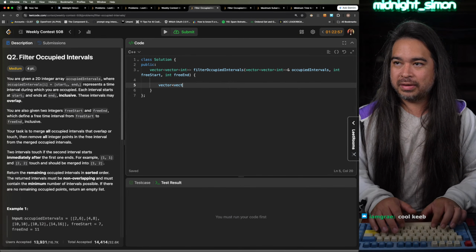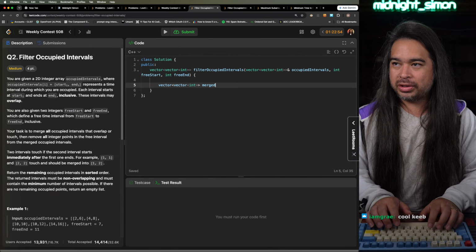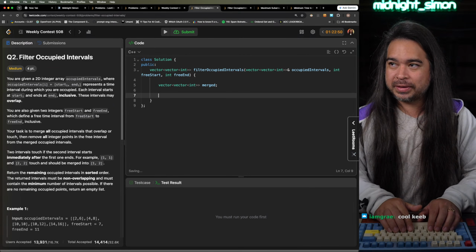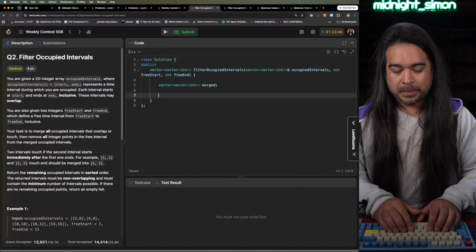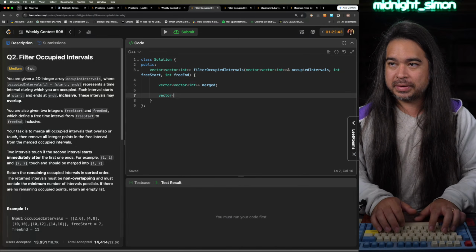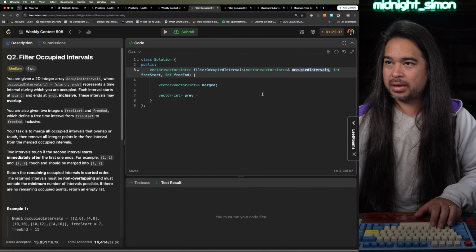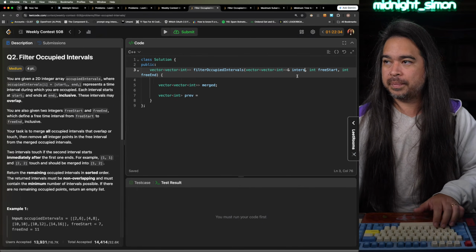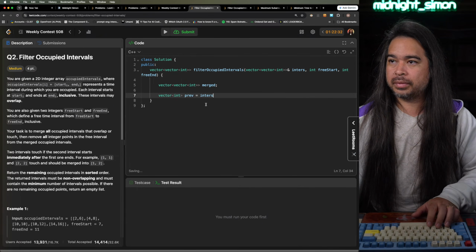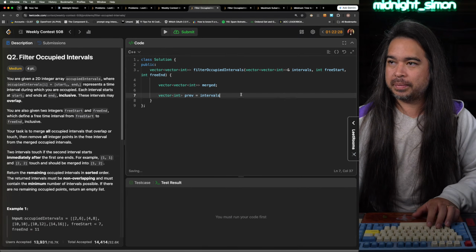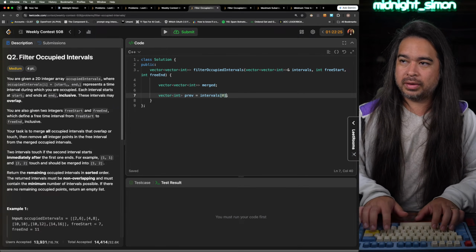Alright, vector, int, merged. How do we merge intervals, man? I guess we need our previous. Man, these things are long. I just call it intervals, man. So our previous.